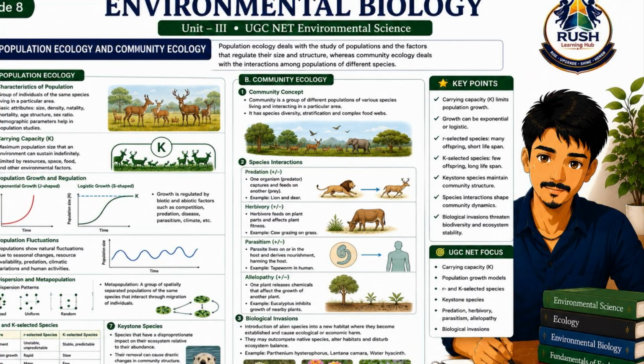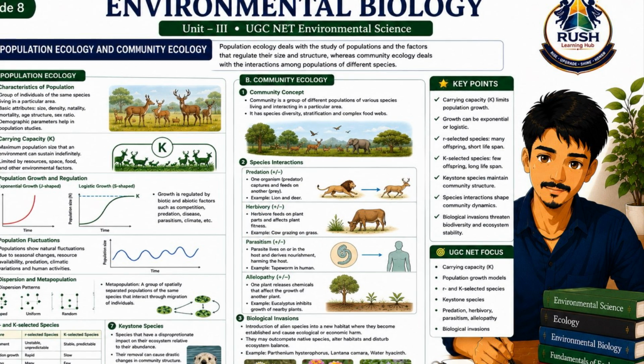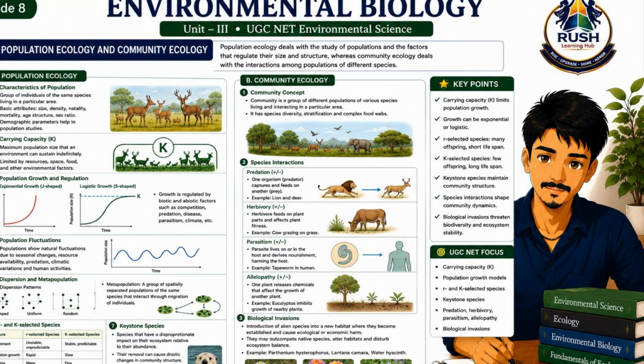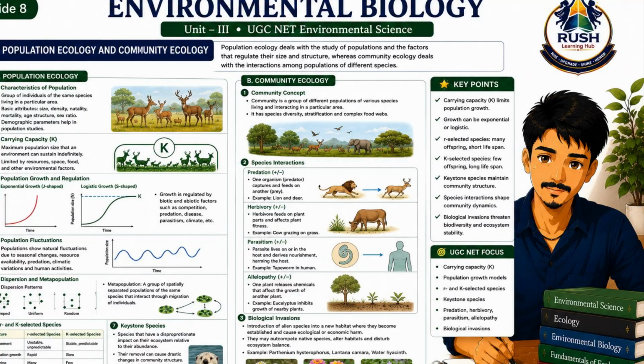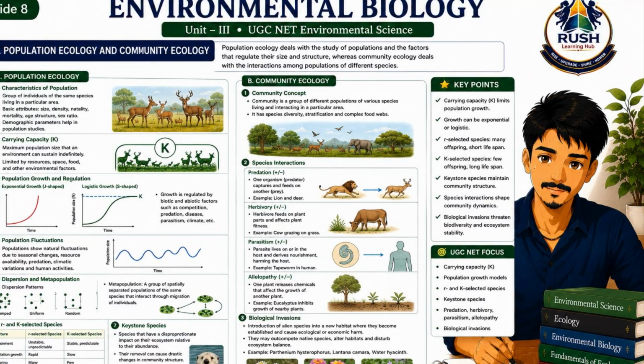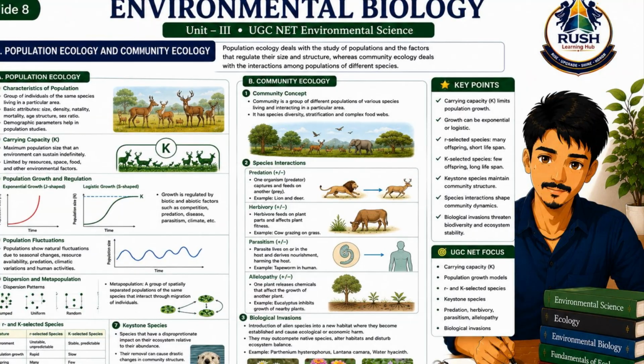Parasitism is another positive-negative interaction in which the parasite derives benefit while causing harm to the host organism. Allelopathy refers to the release of chemical substances by one plant species that inhibit the growth and development of neighboring plants. This interaction plays an important role in competition among plants.